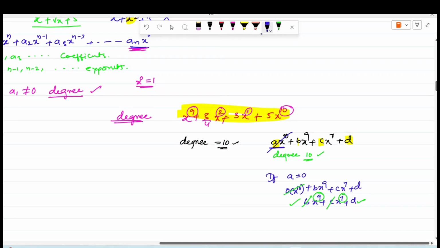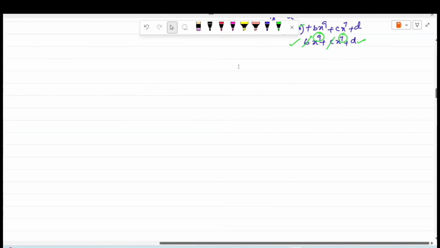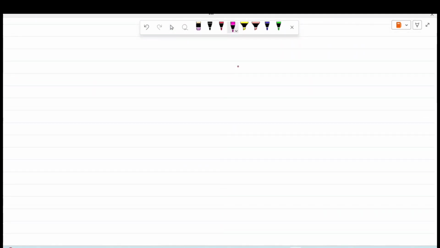So before answering, if the given polynomial contains numerical or unknown coefficients, we should be careful and then decide the degree. If it is mentioned that a is not equal to 0, I can say the degree is absolutely 10. Got it? Next, we'll discuss the types of polynomials.